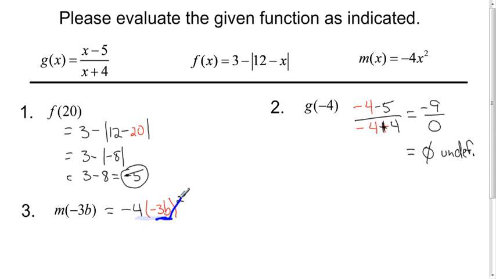You're going to do -3b raised to the second power, because the exponent needs to come first. So, I'll just pull down my -4. I'll square my -3b. When I square the -3, I get 9. When I square the b, I get b squared. Simplifying that further, I will get -36b squared. Which means when I use the input of -3b in the function m of x, I get an output of -36b squared.